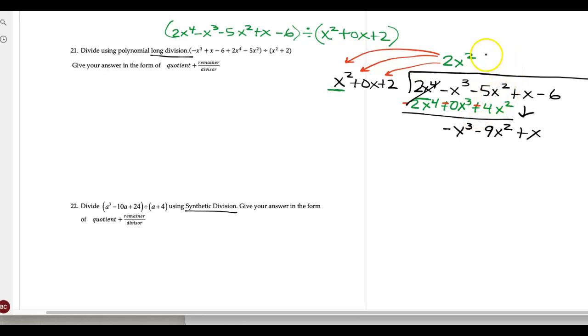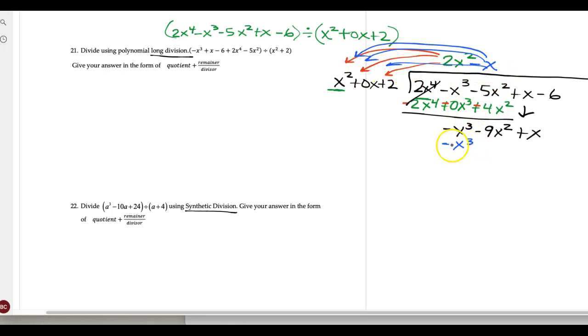All right, so now I'm asking myself, what times x squared is going to give me negative x to the 3rd? Well, negative x. Negative x times x squared is going to give me negative x to the 3rd, which is what I want it to be. And again, remember, I'm taking that negative x and multiplying each part by it. Sorry, it's kind of making a mess there, but I want to make sure it's clear you're distributing that through.